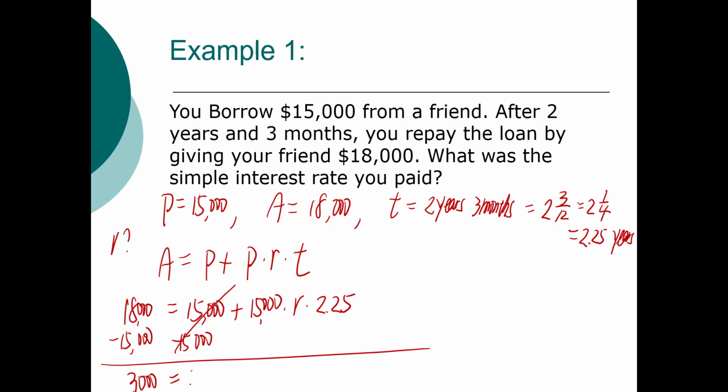Let's keep it as is. Times rate. Now we're going to solve for r. So r equals 3,000 over 15,000 times 2.25. So we divide both sides of the equation by the number in front of the r.